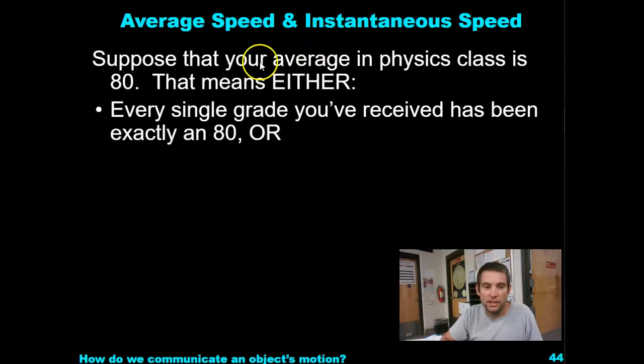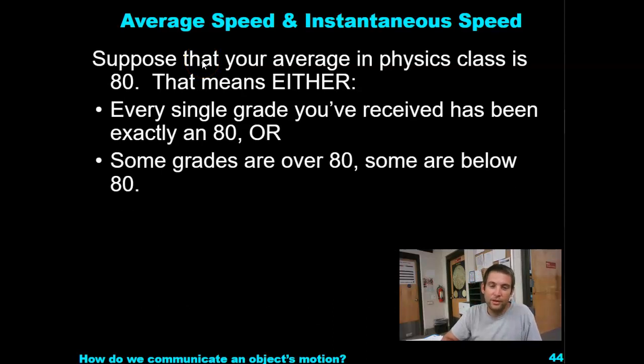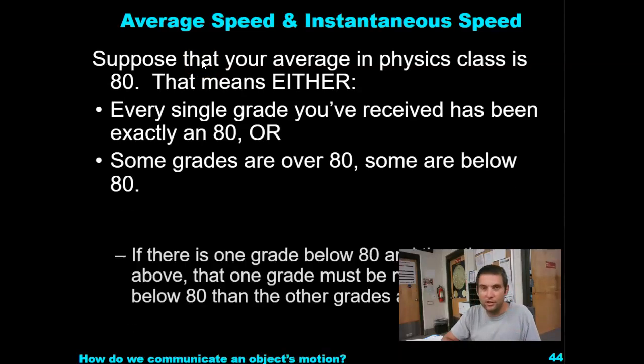Now, if your average in physics class is 80, or any class, probably not physics class, it's going to be higher. Every single grade you've received is exactly an 80, or you have this distribution where you have some over 80 and some below 80.